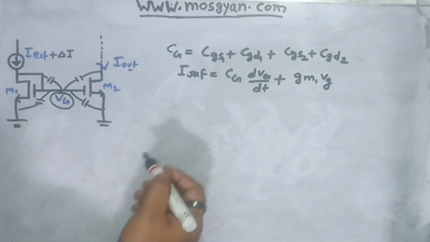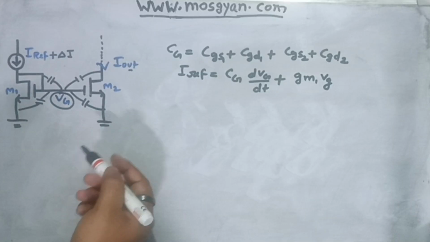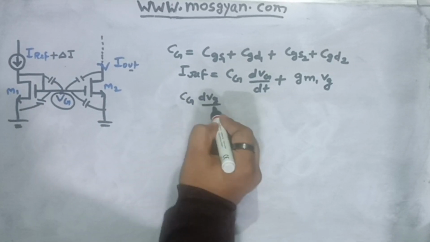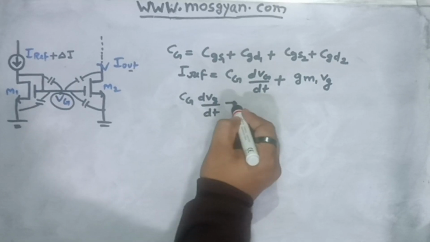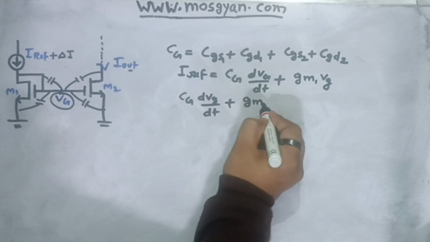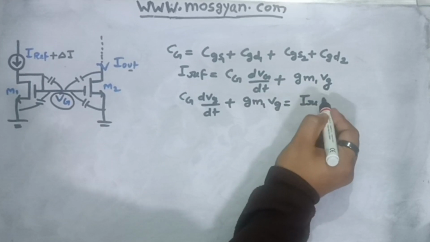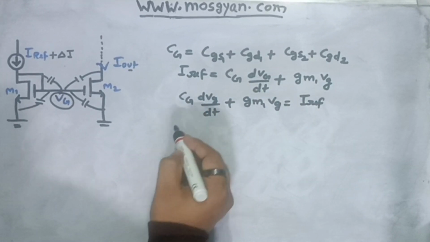Now, if I solve it further, I can write it as Cg into dVg upon dt plus Gm1 Vg equal to I reference. Let's divide this whole by the Gm1 factor.